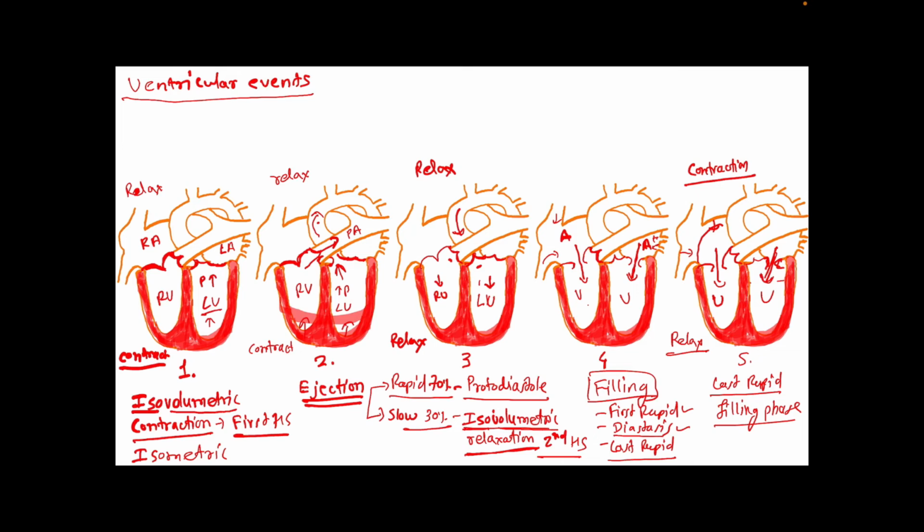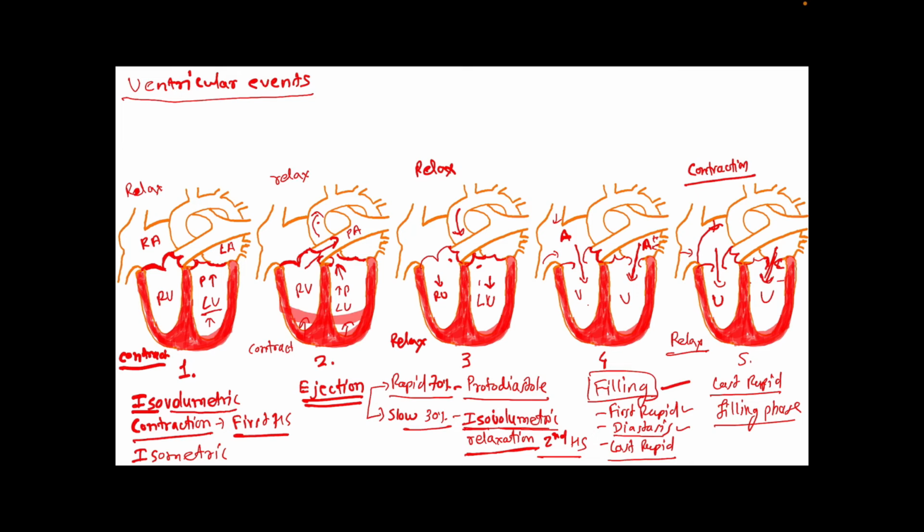Okay, so here in the rapid filling phase, that is the first rapid filling phase, the atria are relaxed, but in the last rapid filling phase atria are in a contracted stage. Ventricles are in a relaxed state in both the phases. Atrioventricular valves are in open state and semilunar valves are in closed state.